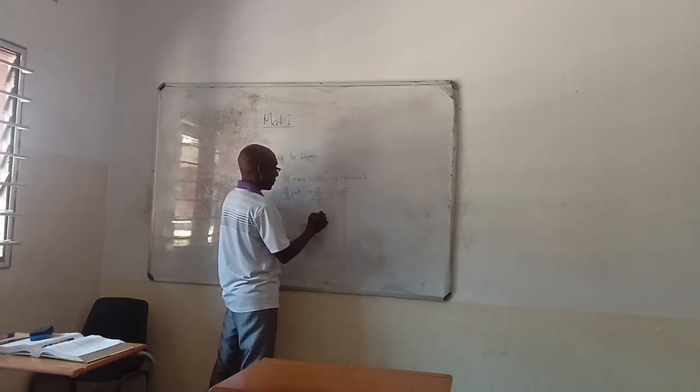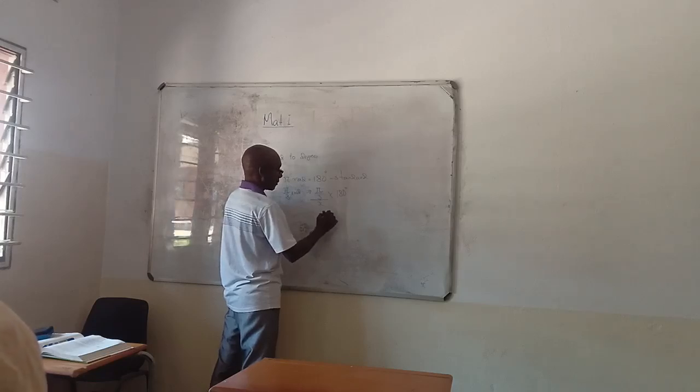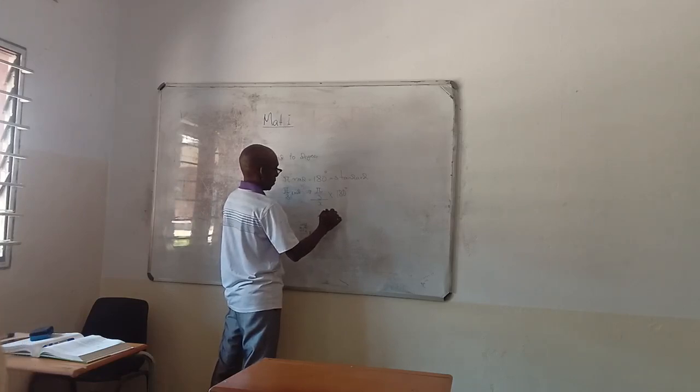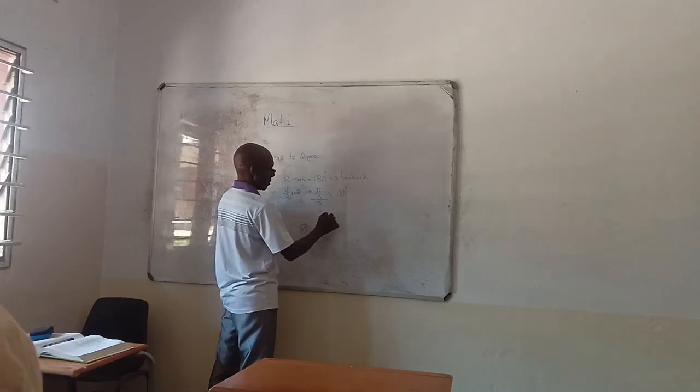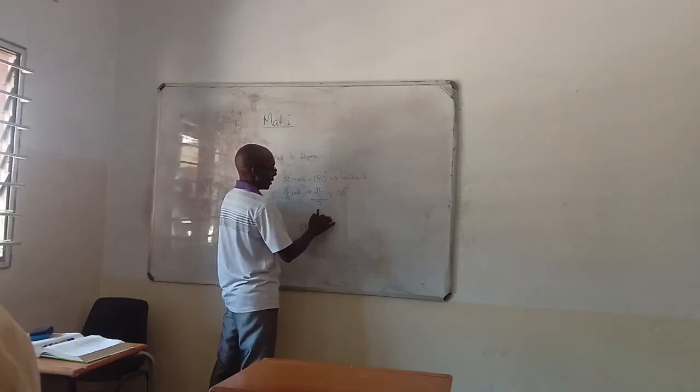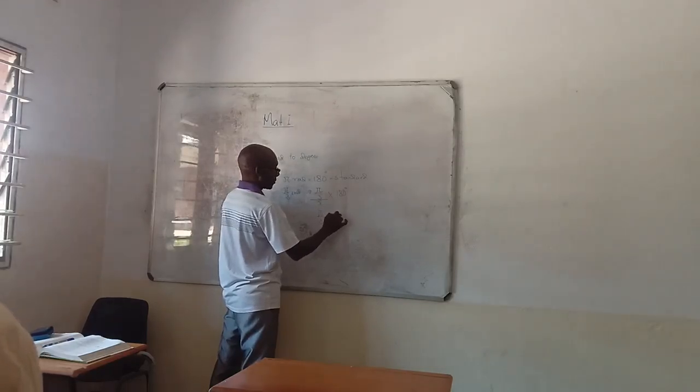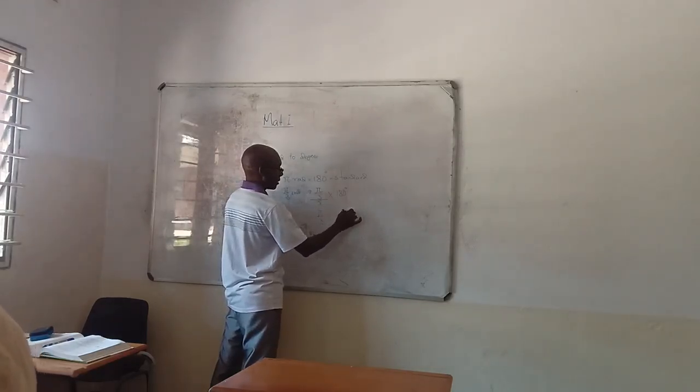Pi over 3 divided by pi, multiplied by 180.